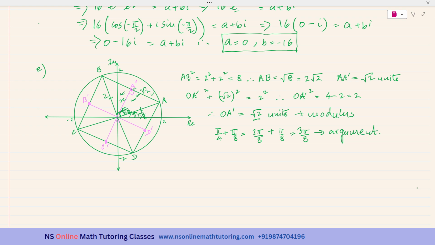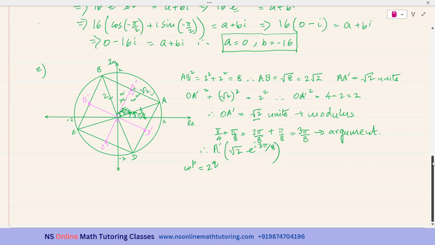Therefore, A prime is representing the complex number root 2 e to the power of i 3 pi over 8. Clear?